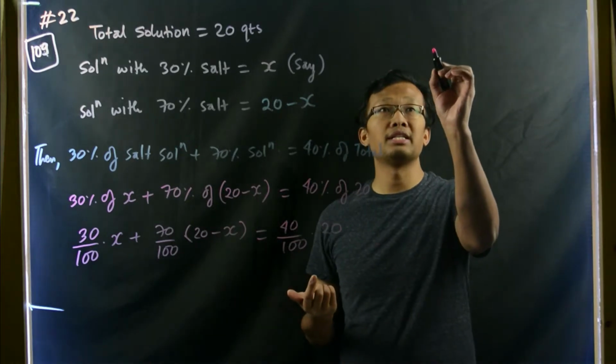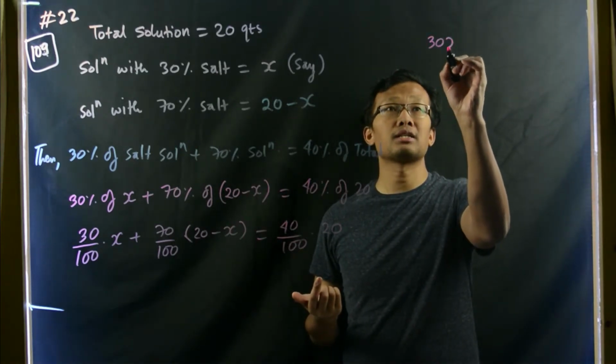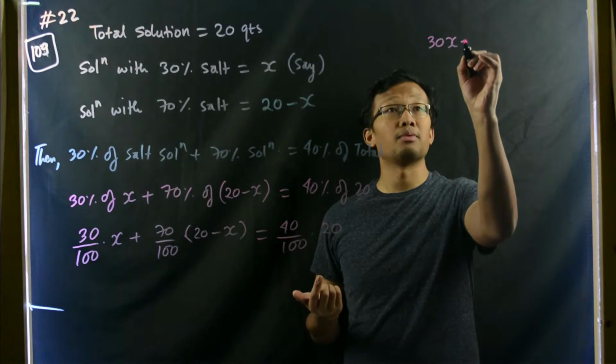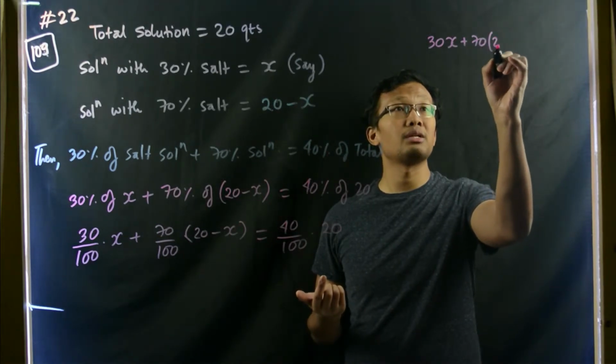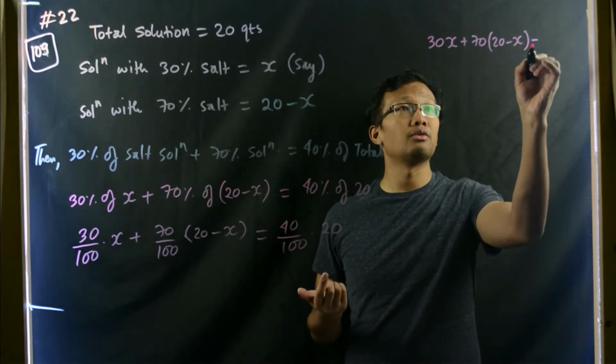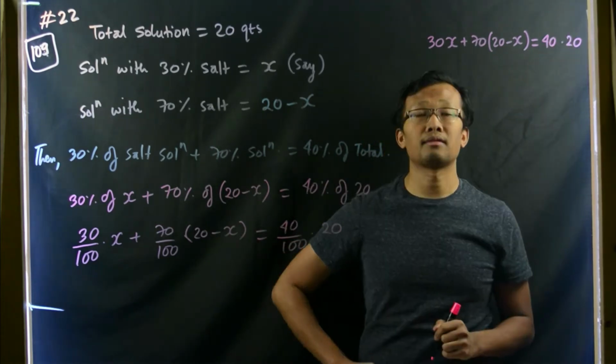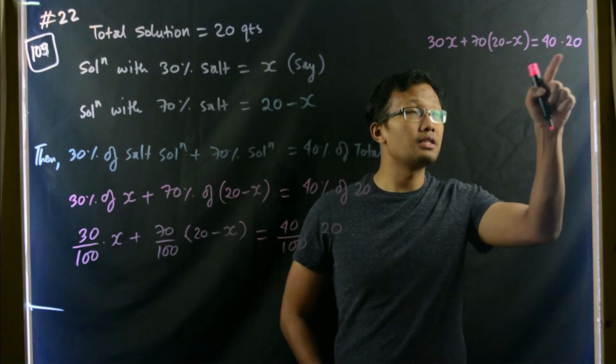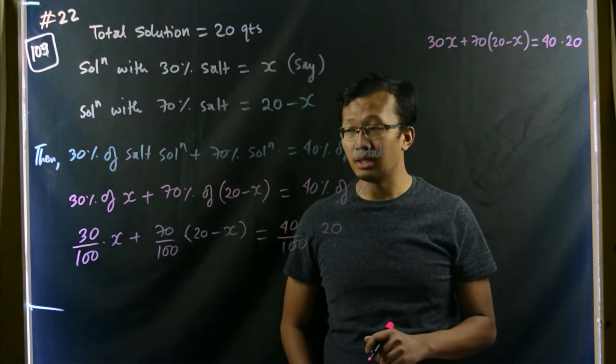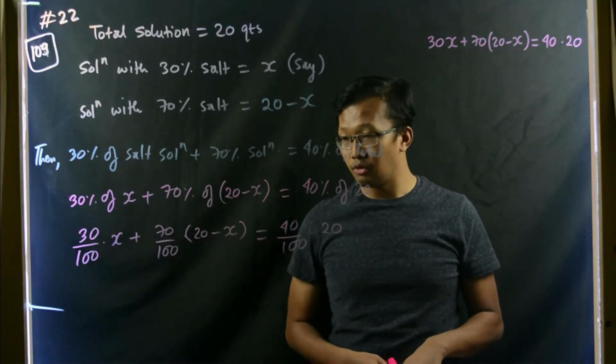Then we'll simply get 30x plus 70 times (20 minus x) equals 40 times 20. This is the equation that we get after we multiply the entire equation by 100.